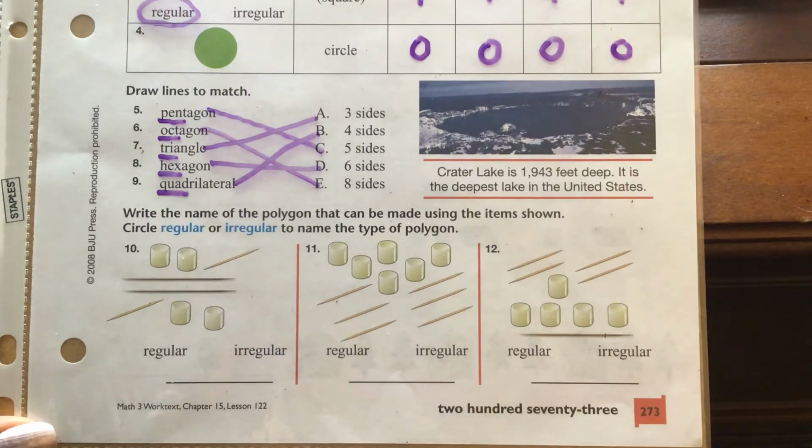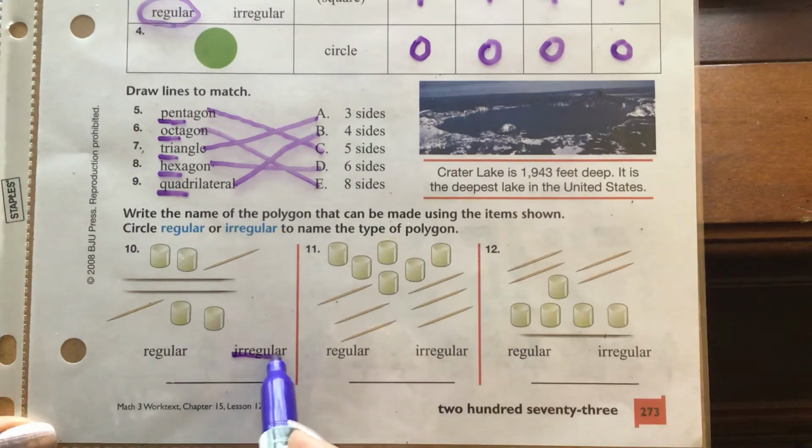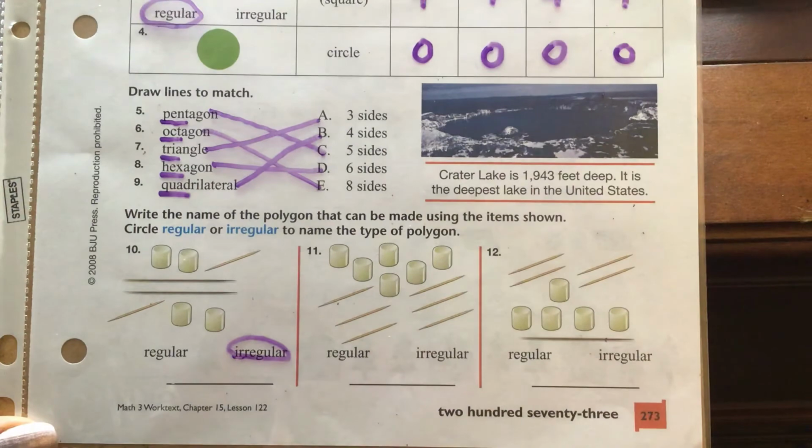Would this be a regular or irregular shape? Are all the toothpicks, the sides, the same length? No. So we know right away that it's going to be an irregular shape.